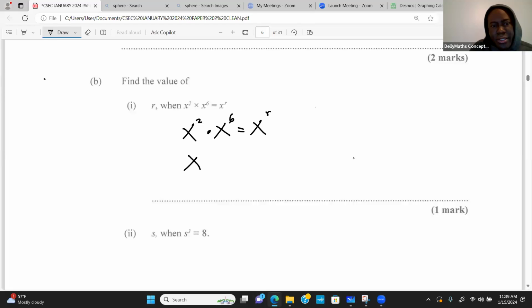When you multiply the same base, you add the exponents. So this is going to equal x raised to the 8, which is equal to x raised to the r. Since both bases are x, the exponents are the same. So we can verify that r is equal to 8.